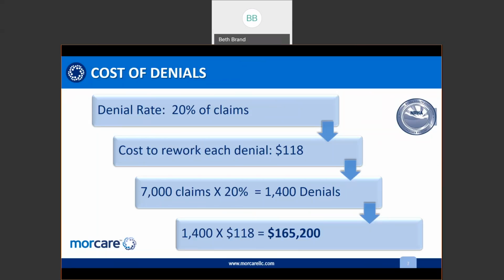You multiply that by the cost to manage and to rework each of those, and you'll see that very quickly we arrive at an amount of $165,000. Think what that could do in a year. So it's a very significant cost issue for our rural hospitals.